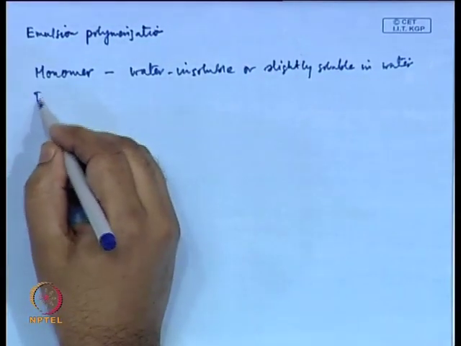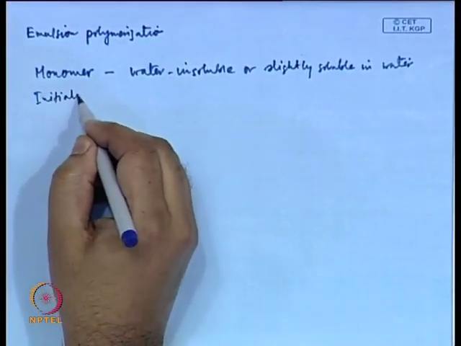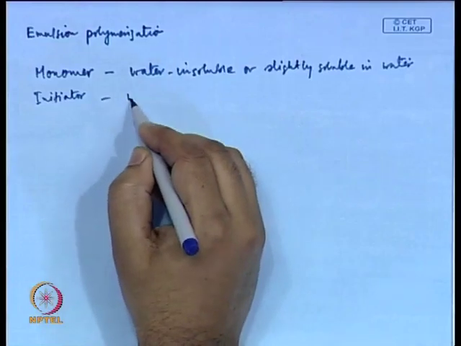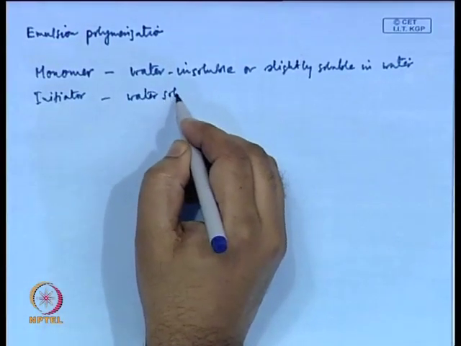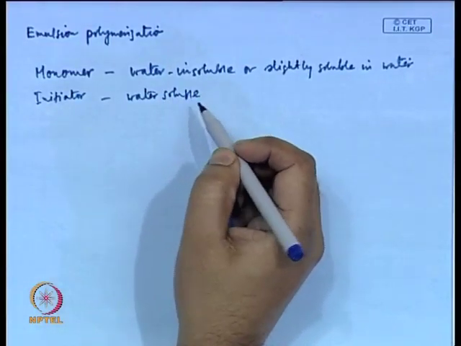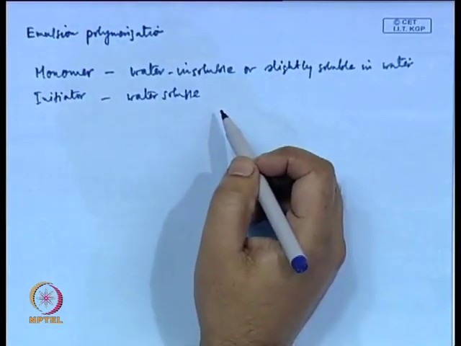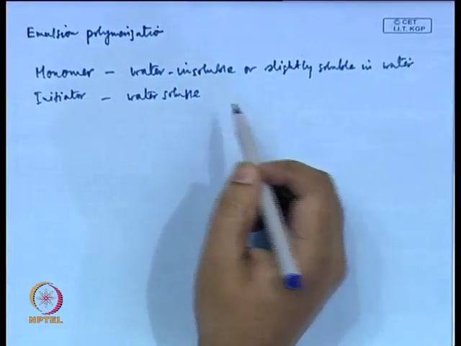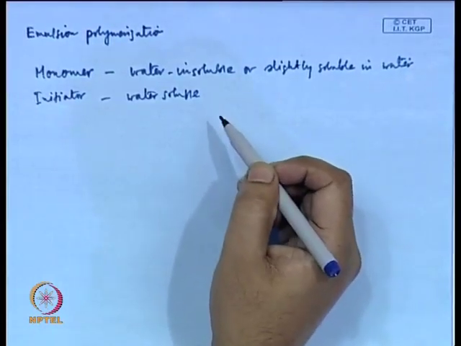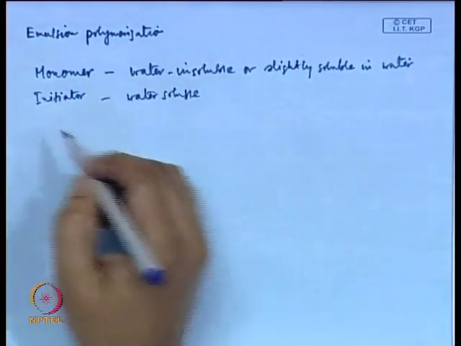Now, we have an initiator, which is water soluble. These are typically potassium or sodium persulfate or redox initiators we talked about when we discussed different types of initiators. And we have surfactant.